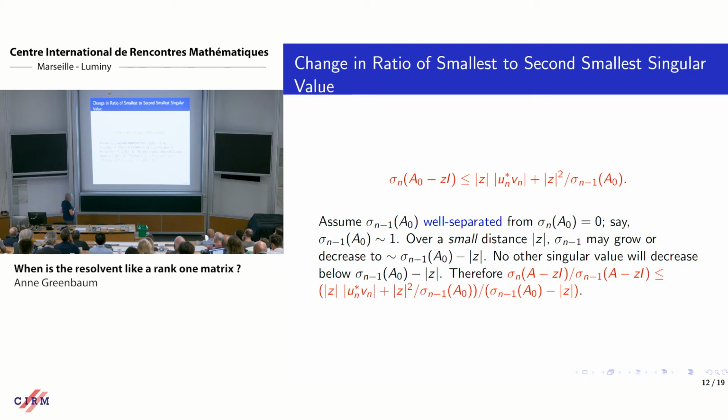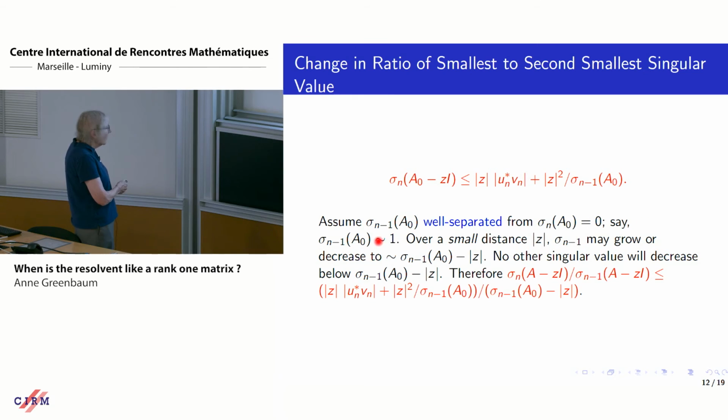Let's assume that sigma n minus 1, that first non-zero singular value, is not tiny. It's, say, on the order of 1. Then over a small distance Z, what happens? Sigma n minus 1 may grow, but it could possibly decrease to what it was before, minus the absolute value of Z. It won't decrease any more than that because singular values are well conditioned.